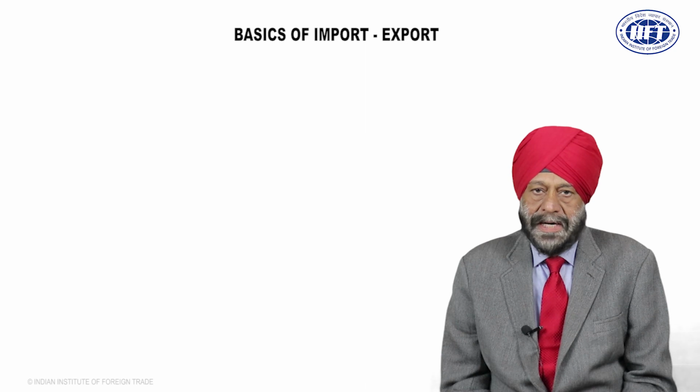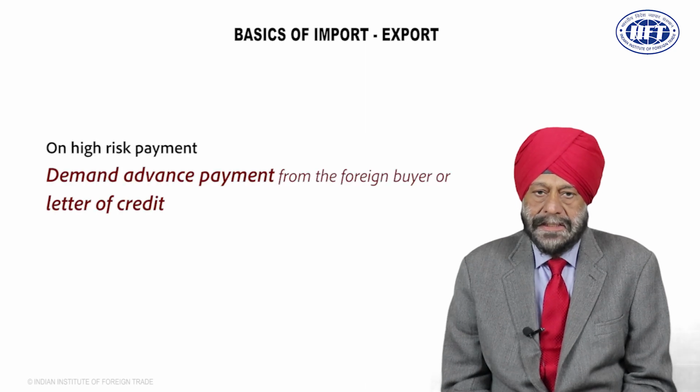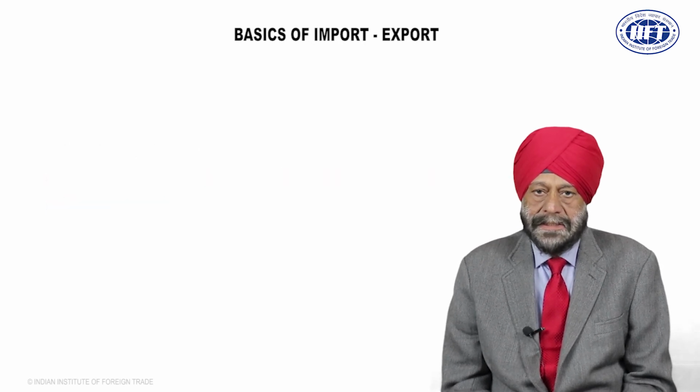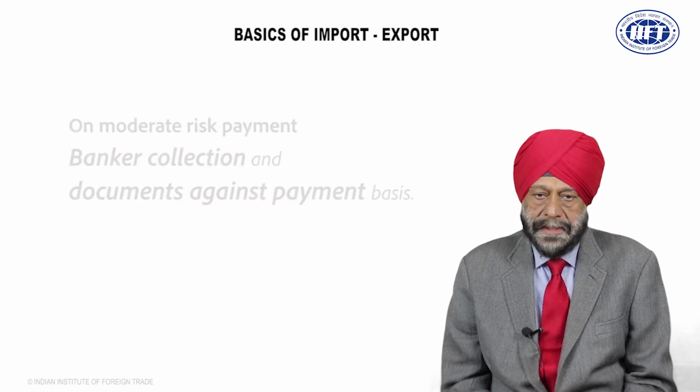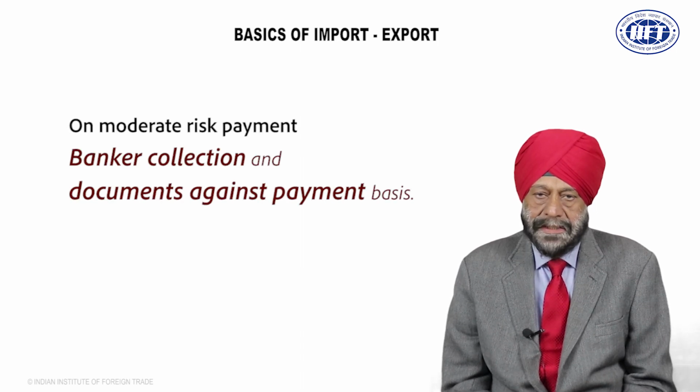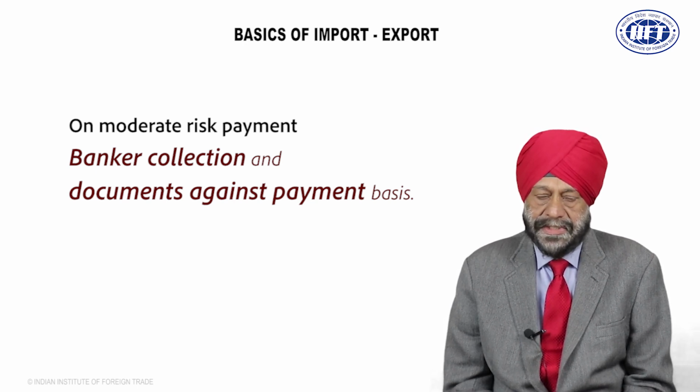The most important part is risk. If the risk of non-payment is very high, then the best method is to demand advance payment from the foreign buyer, or a letter of credit. If risk is moderate and past dealing with the buyer is very satisfactory, we can shift to banker collection, and that too on a document against payment basis.